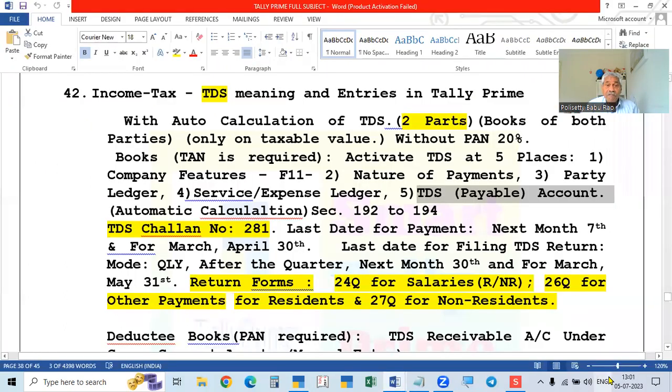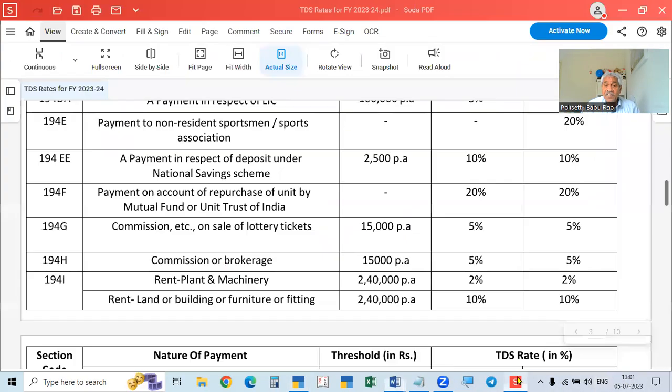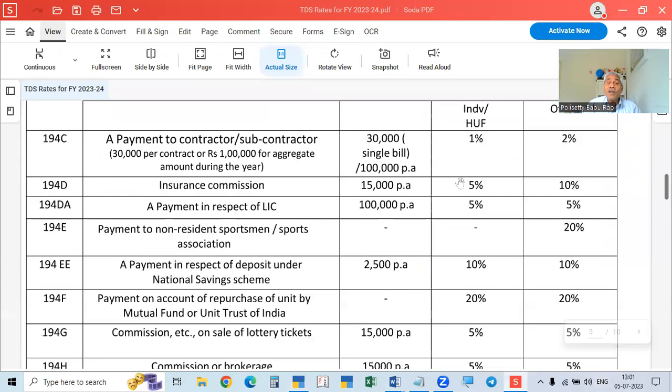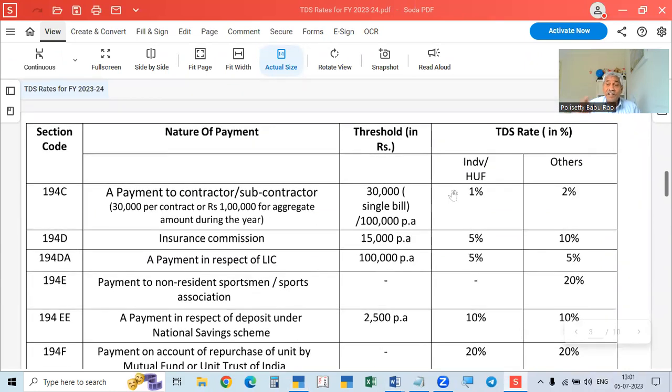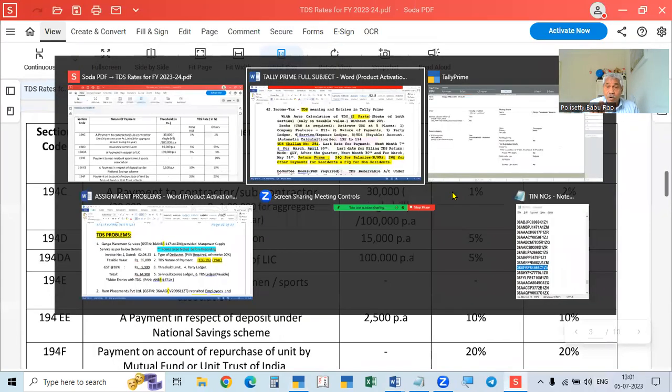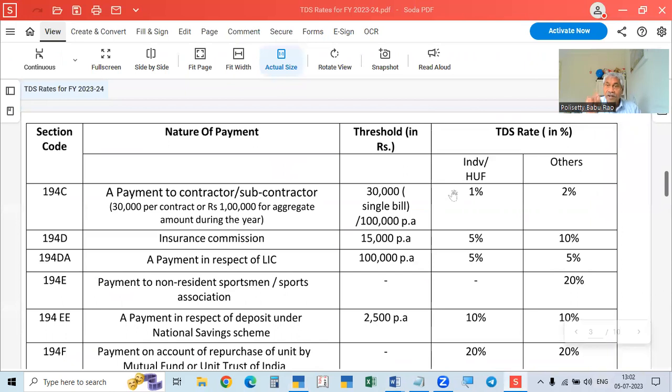And then, when you are making the deductions, these rates are applicable only if the deductee, the person from whom we are deducting, has the PAN card. That is, in the deductee account, we have to give the PAN card number.